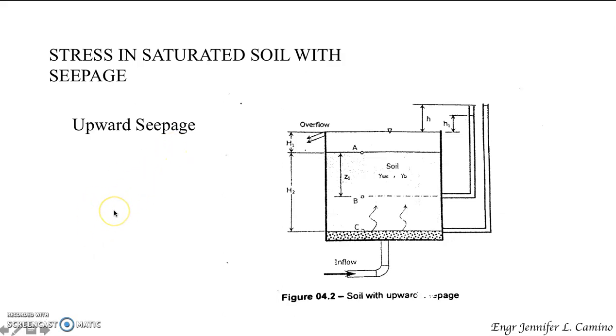For the stress in saturated soil with seepage, we have here a figure showing a granular soil in a tank, where upward seepage is caused by adding water through the valve at the bottom of the tank. So this is the tank, and there is a granular soil inside the tank.